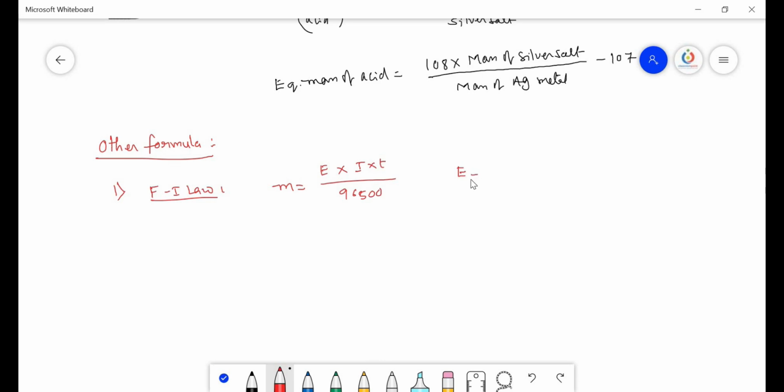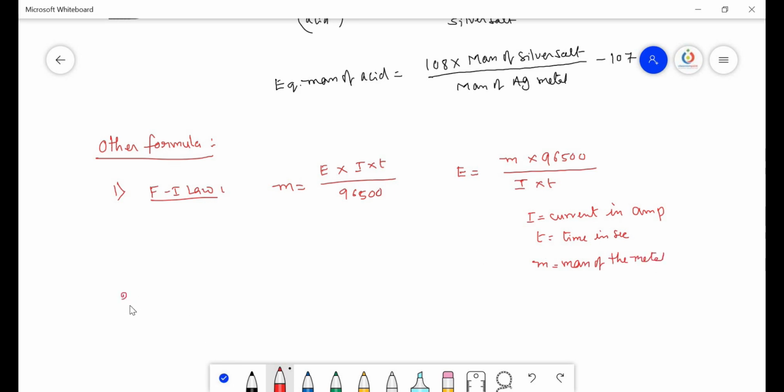So it can be written as equivalent mass of the metal is equal to mass of the metal into 96,500 divided by I into T. Here I is the current in amperes, and T is the time in seconds. 96,500 is 1 Faraday, which is a constant value. M is the mass of the metal.